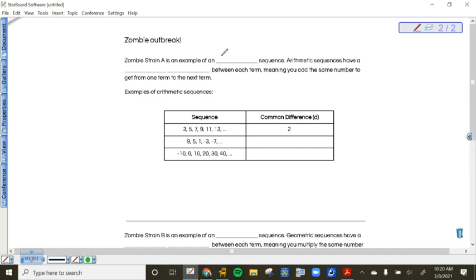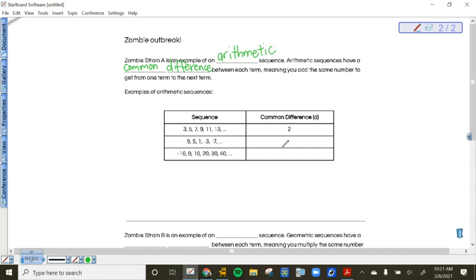Yeah, arithmetic. And arithmetic sequences have a common difference, which means that we add the same number to go from term to term.